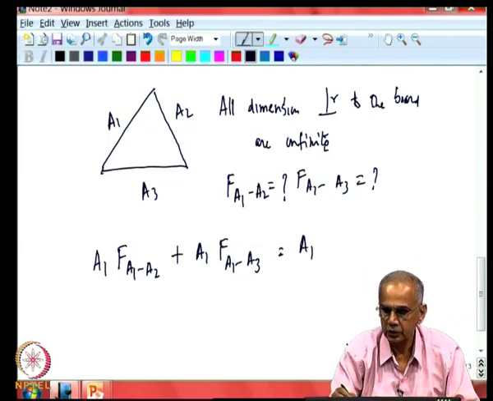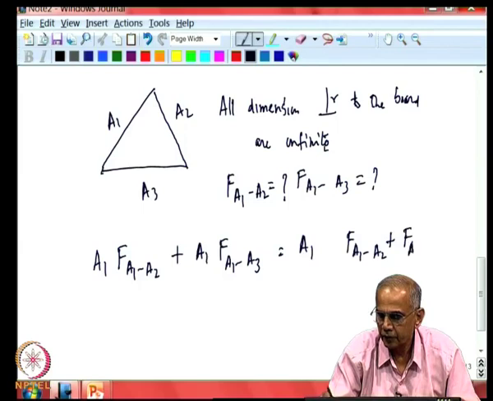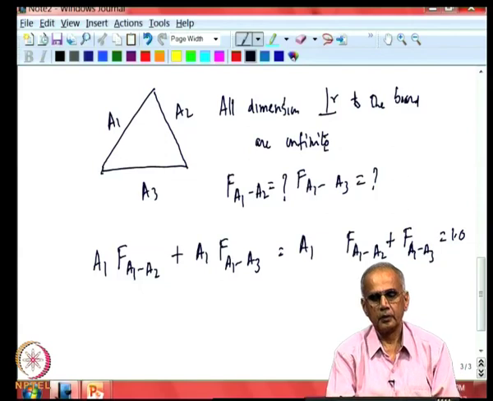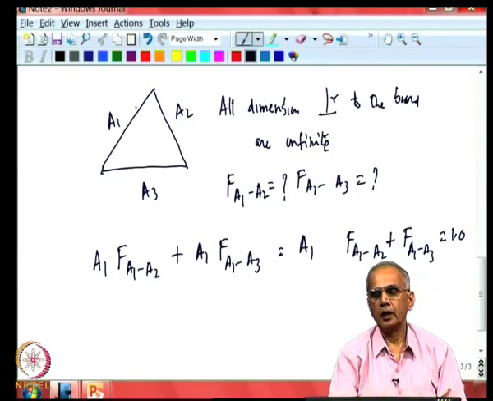So, this shows that F A1 A2 plus F A1 A3 equals 1, because these are all plane surfaces, and a plane surface cannot see itself.